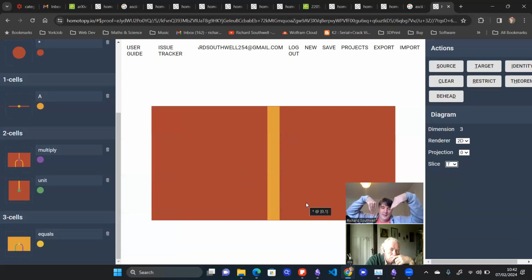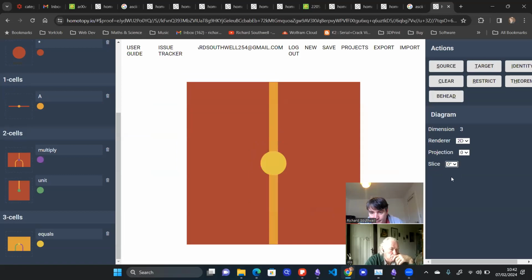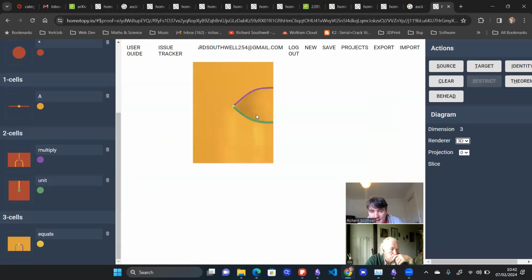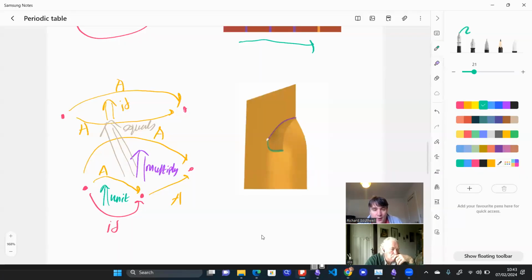And so somehow we're relating those two different things. And so you can go through it slice by slice. And that's this 3D picture.